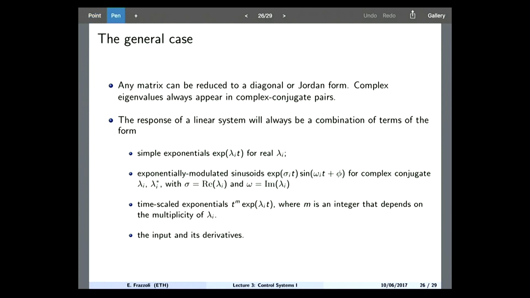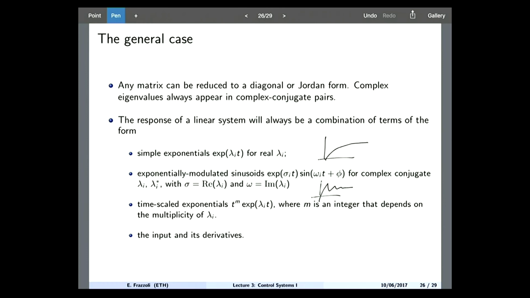Just to give you an idea, a little bit like a cheat sheet, these are terms that look like this. These are just exponentials. These are things that look like this. So now you have this oscillatory behavior.